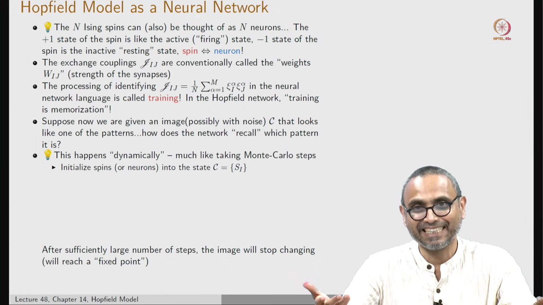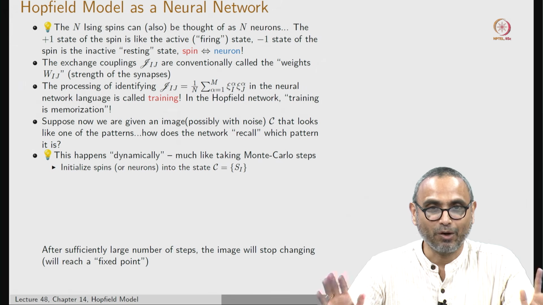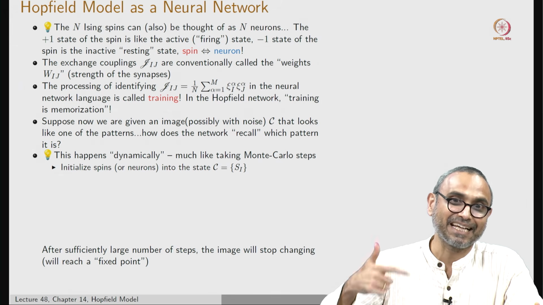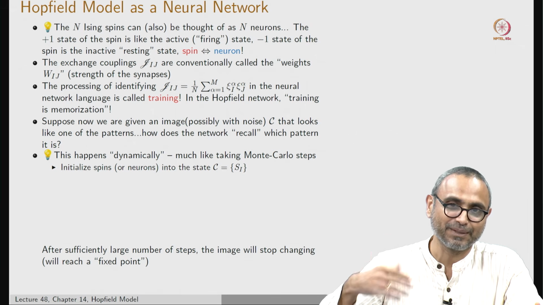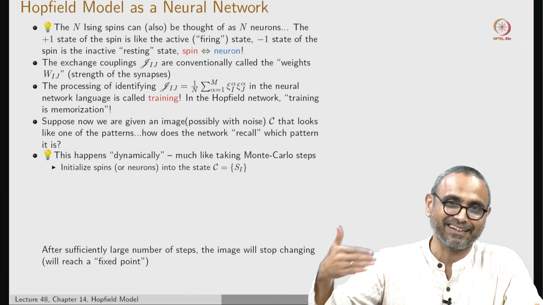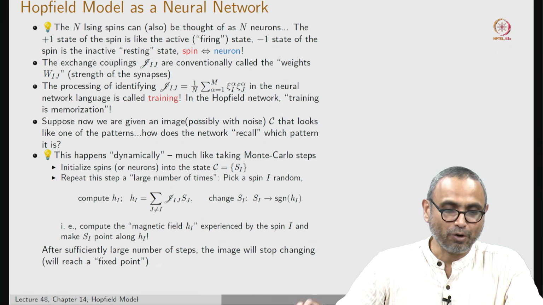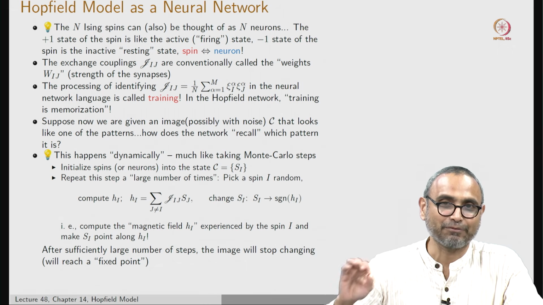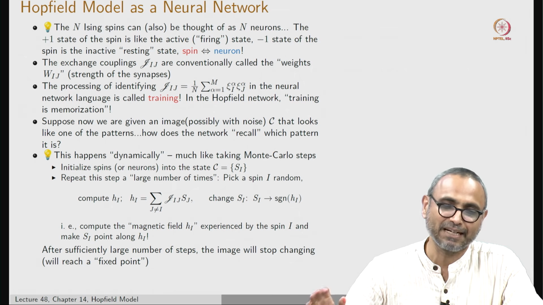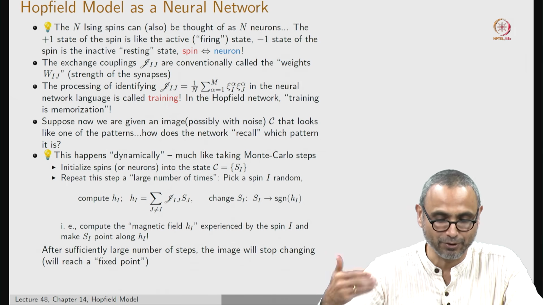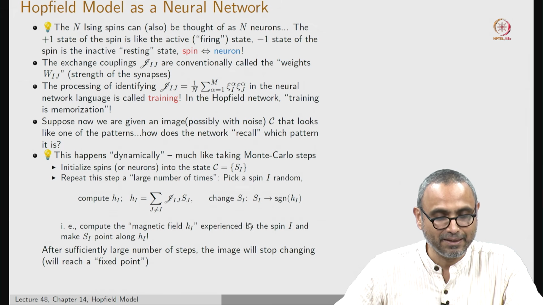Once you have initialized this, there is going to be something like a dynamics, that is, there are going to be some steps taken, just like Monte Carlo steps if you wish. And what you do, you have to repeat the following steps a large number of times. And what is that large number? Do not worry about it now, you can do your own calculations and see for your system how many steps are required. You will just see this yourself.